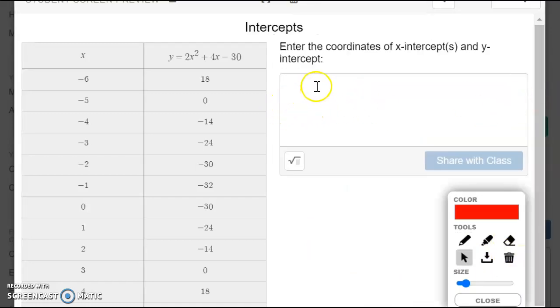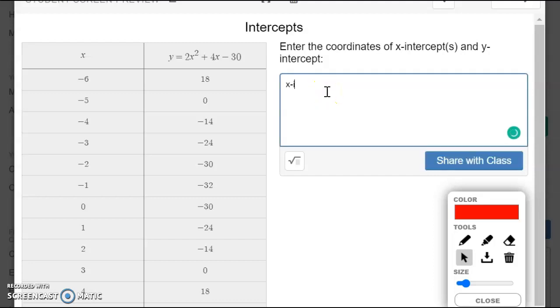Now we have to enter the coordinates of x-intercepts and y-intercepts. What are we looking for? Well, we know that the x-intercepts are always going to have the y-coordinate of 0. So do you see any with the y-coordinate of 0? We have -5, 0.